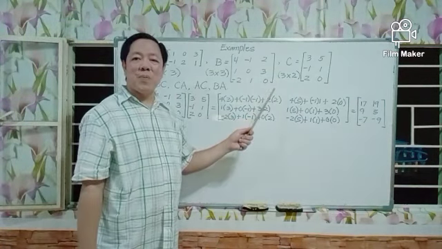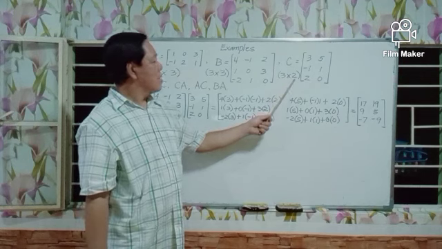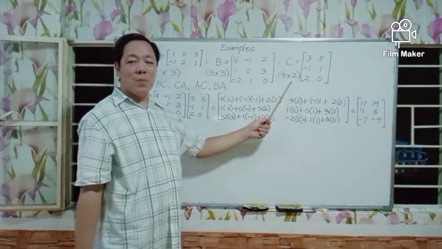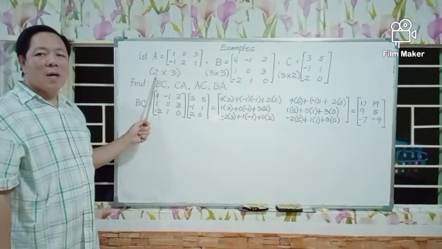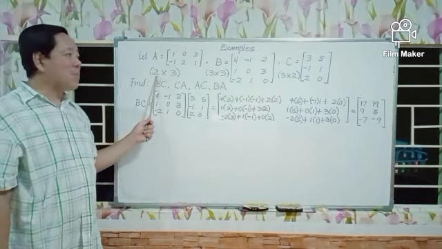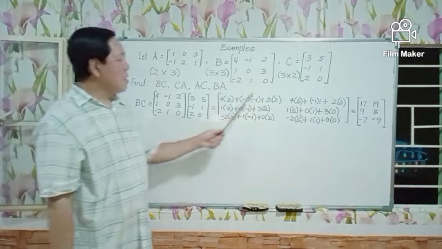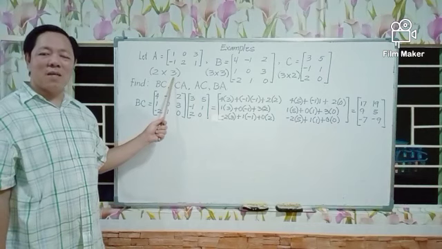We check if the product is defined. The number of columns of C is 2, and the number of rows of matrix A is 2. Therefore, the product is defined, and the shape or size of the product, CA, is 3 by 3, or a square matrix 3 by 3.